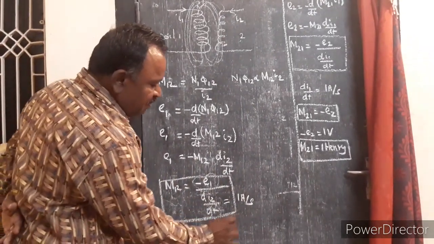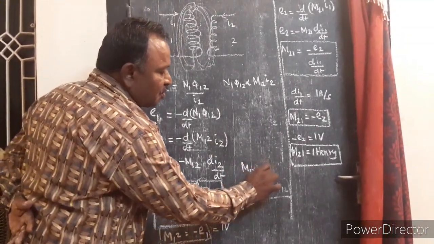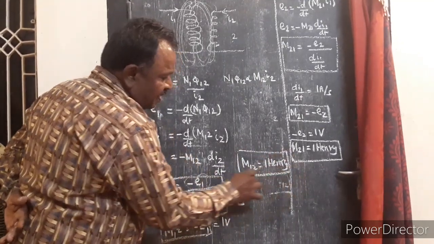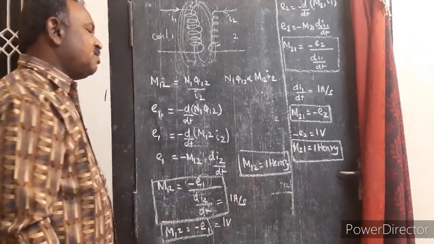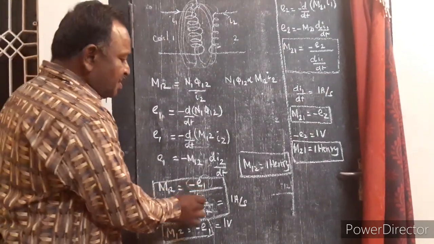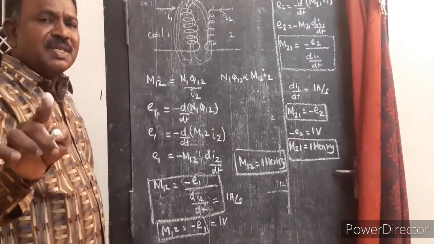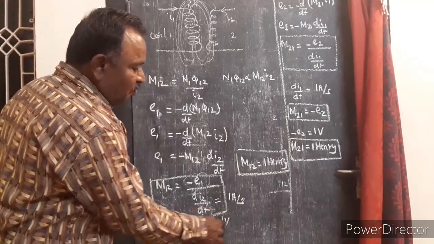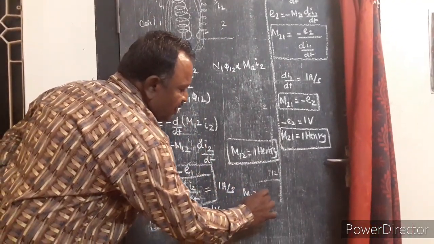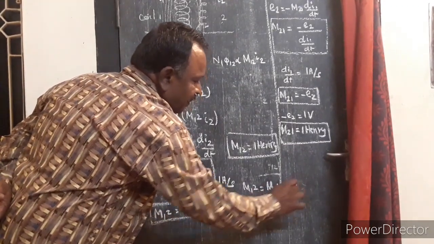Similarly, when this becomes 1 volt, we have M12 is equal to 1 Henry. So the mutual inductance of the first coil with respect to the second coil is 1 Henry when the rate of change of current in the second coil is 1 ampere per second and induces an opposing EMF of 1 volt. We can show that M12 is equal to M21 is equal to M.